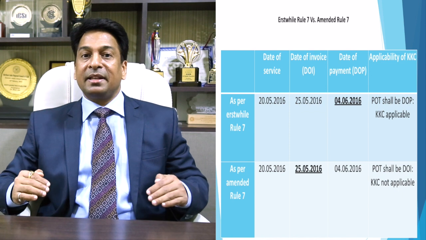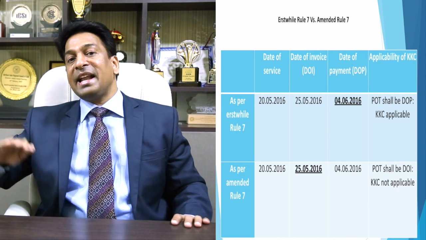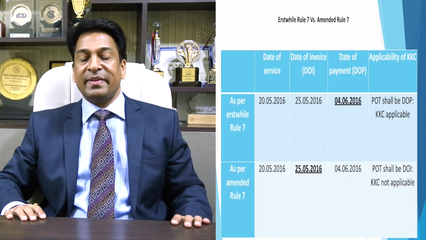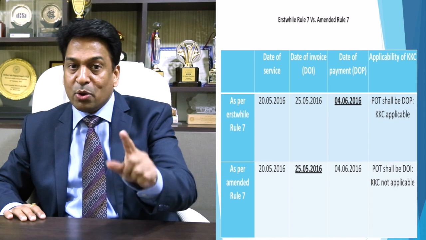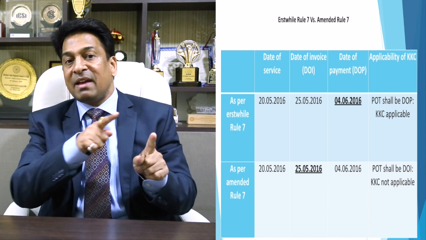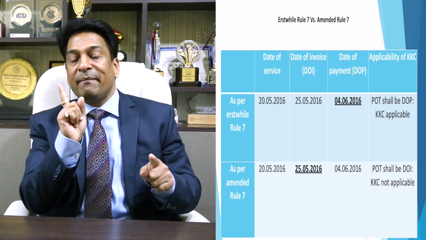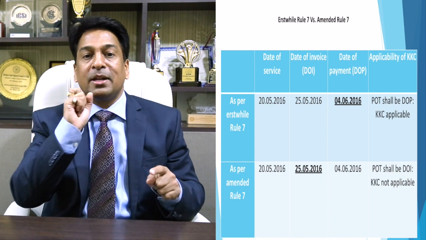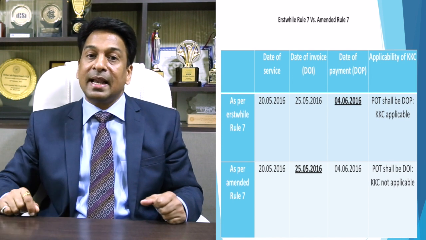So let's look at the provision as per the erstwhile Rule 7 and amended Rule 7. As per erstwhile rule, date of payment is the POT, which is 4 June 2016. What rate applicable? 15%. So you have to pay 30% in terms of abatement notification 26/2012 on 15% as per erstwhile rule.